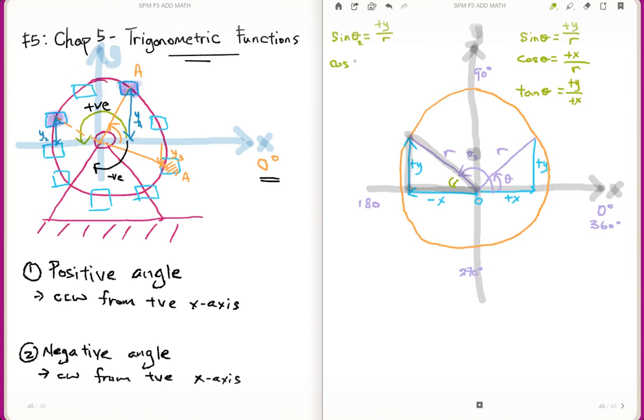Cos theta 2 will be negative x over r. Tangent theta will equal positive y over negative x. Over the second quadrant, we only have sine to be positive.